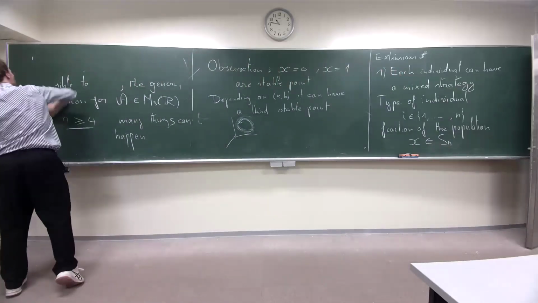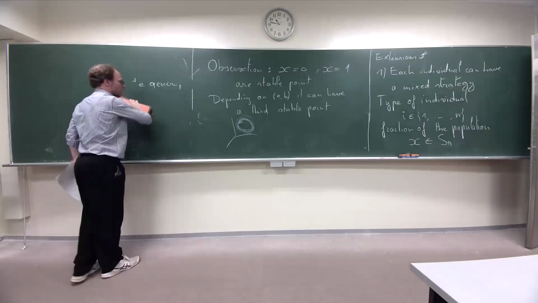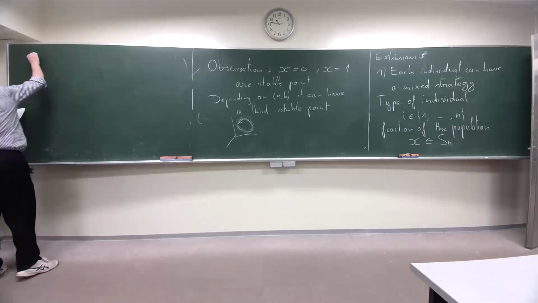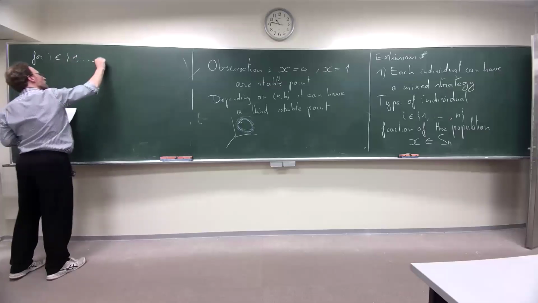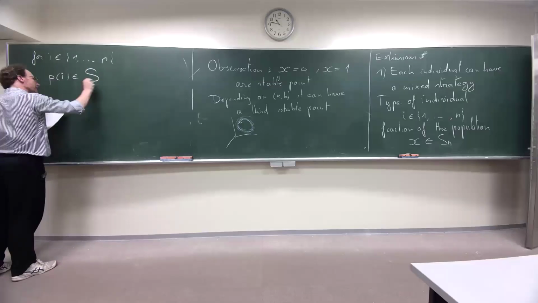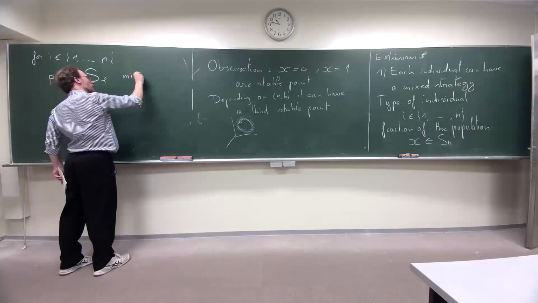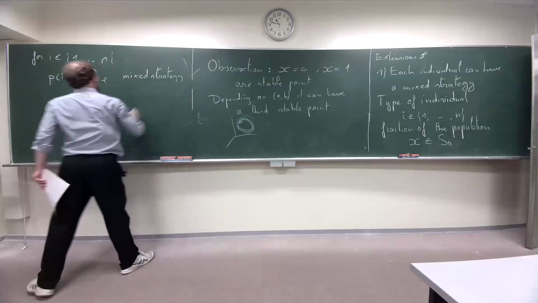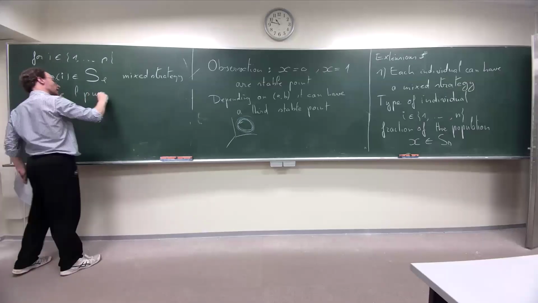But now each of them can have a mixed strategy. So for i between 1 and n, pi is an element of SL, which is a mixed strategy made of L pure strategies.